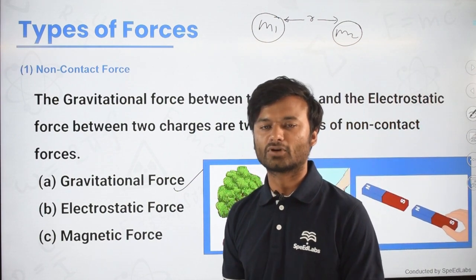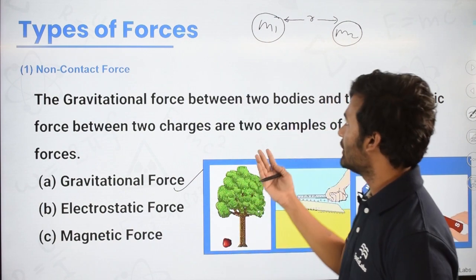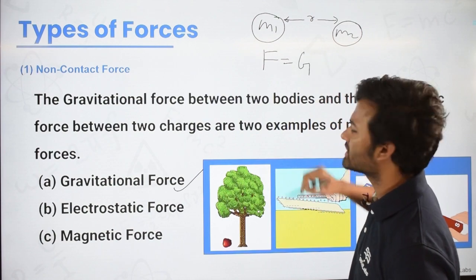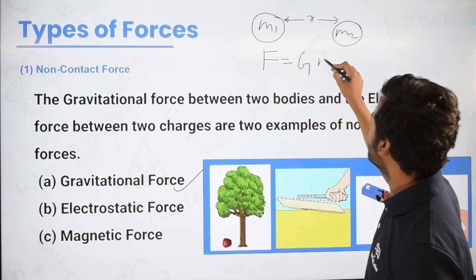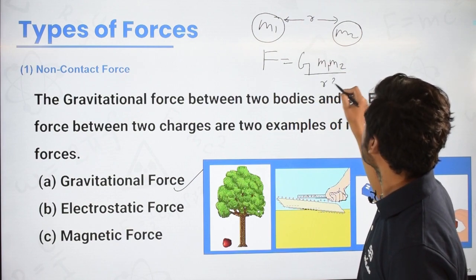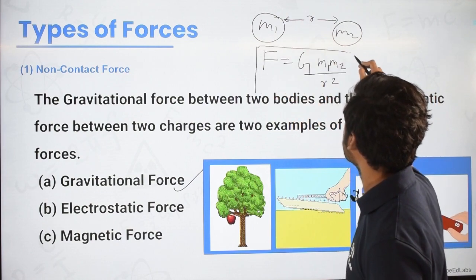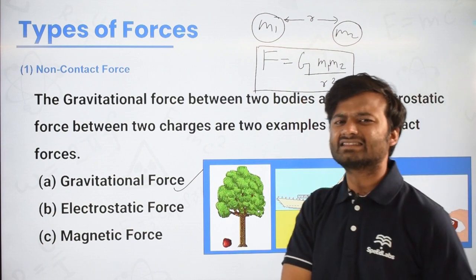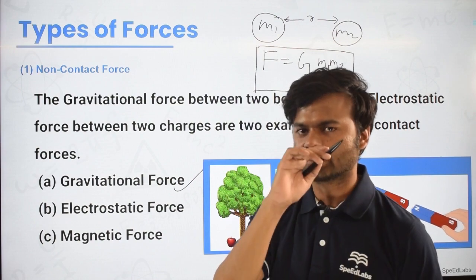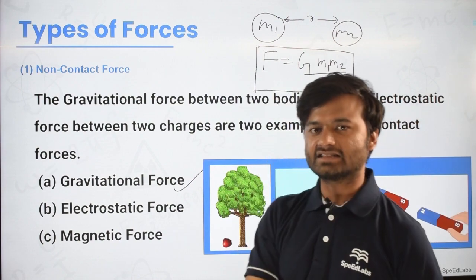This is an example of gravitational force, and its value is given by F equals G m1 m2 upon the square of the distance between them. This is the force of attraction between the two masses. Here there is no contact between the two masses, and they attract each other automatically.